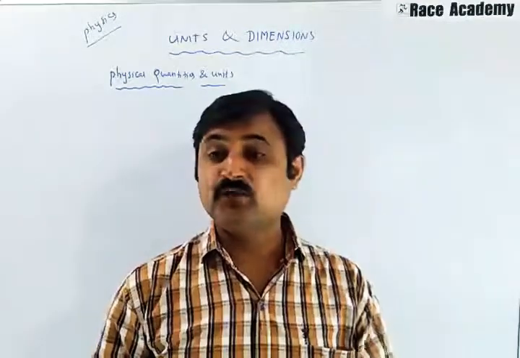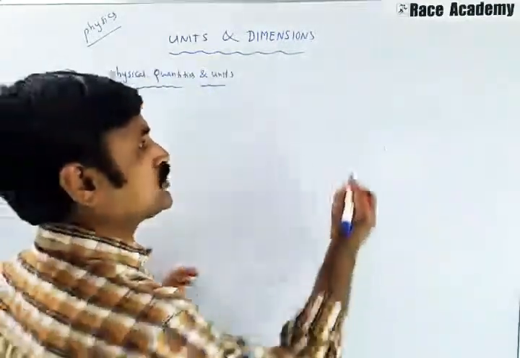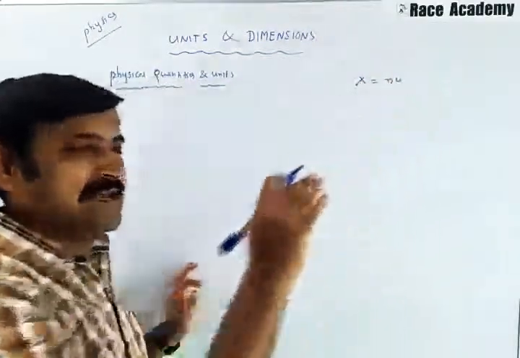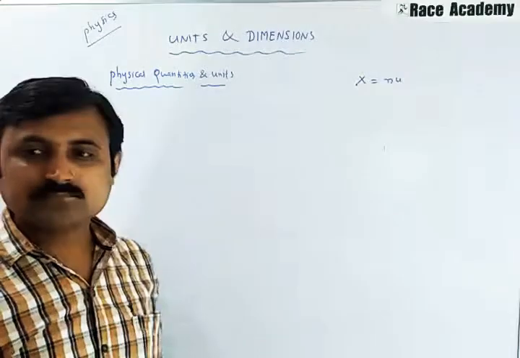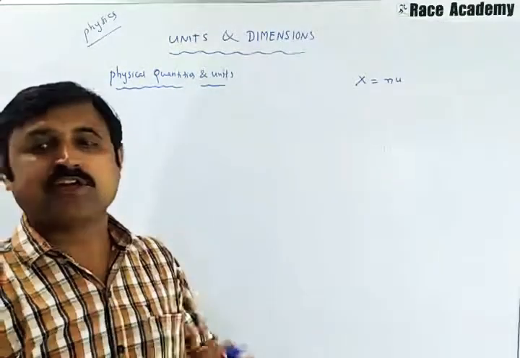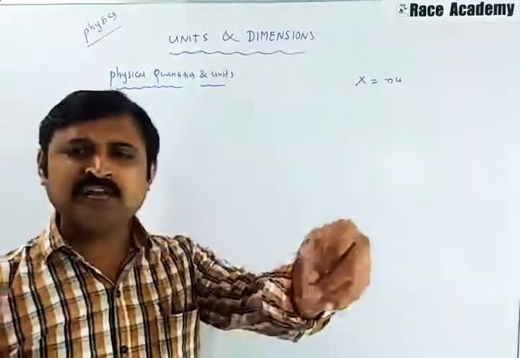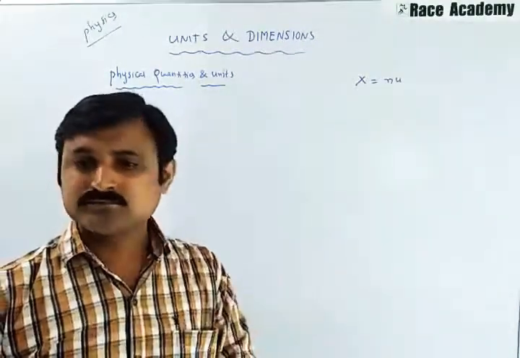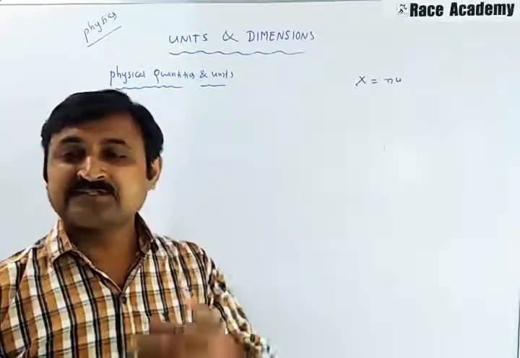The magnitude of that physical quantity, if you take x, is equal to n into u, where n is a real number and u is the unit of measurement. For some physical quantities, there may be only a number and no unit, such as refractive index and specific gravity.